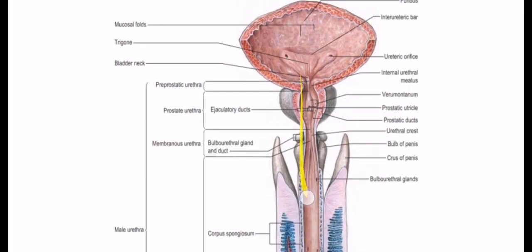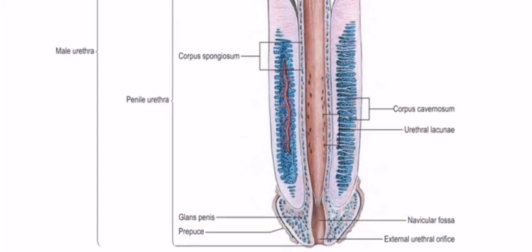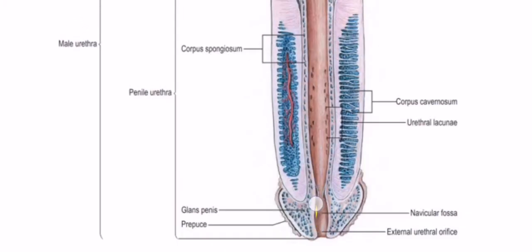The other part is the pendulous part of the urethra. It is the continuation of the urethra that passes through the pendulous part of the penis. It is dilated at its termination within the glans penis where it is known as the fossa terminalis or the navicular fossa, this part.